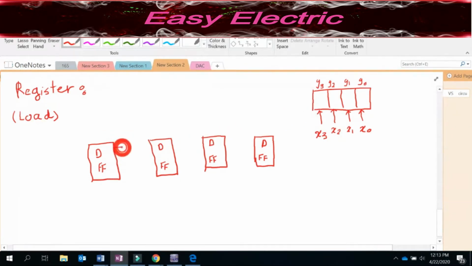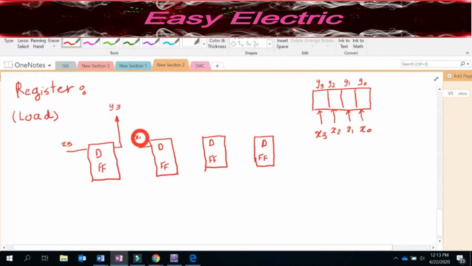Whatever I have here as the output of these D flip-flops, whatever you put here, if you see this Y3, definitely it should be X3. So this is Y3.